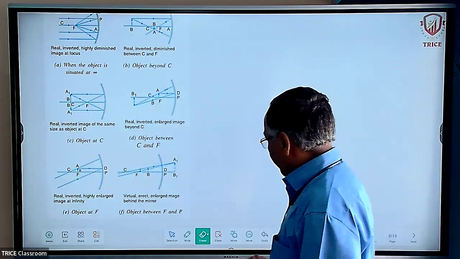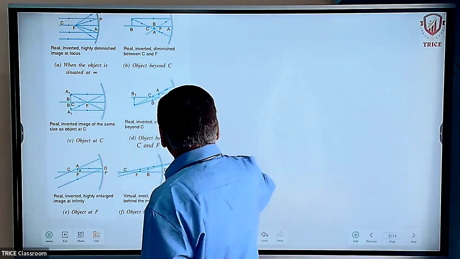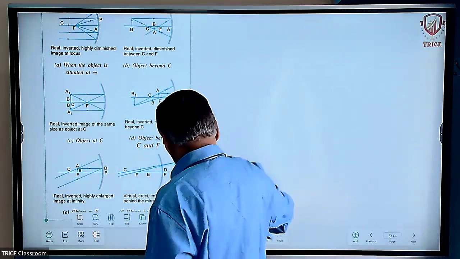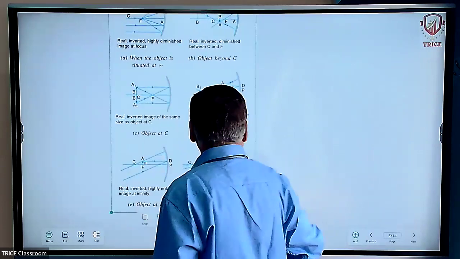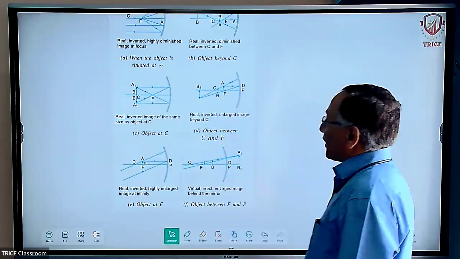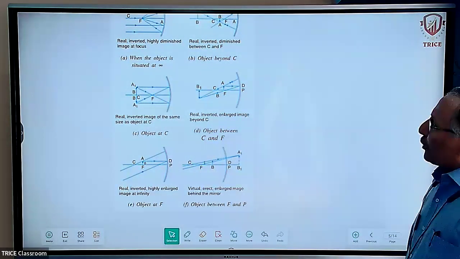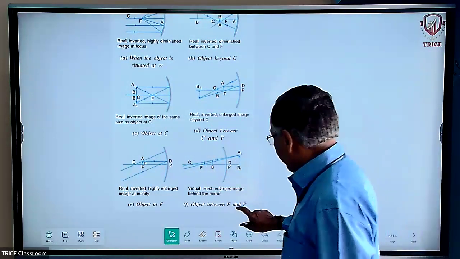Now, at different positions, you have different types of images.